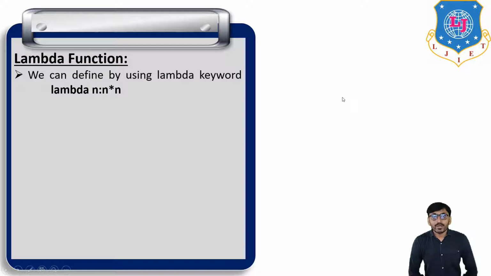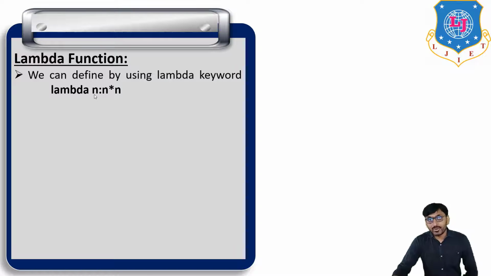Lambda function can be defined by using the lambda keyword. Keyword means a reserved word in Python. There are many keywords used in Python, and this is lambda, that is a keyword, and this n is the argument.